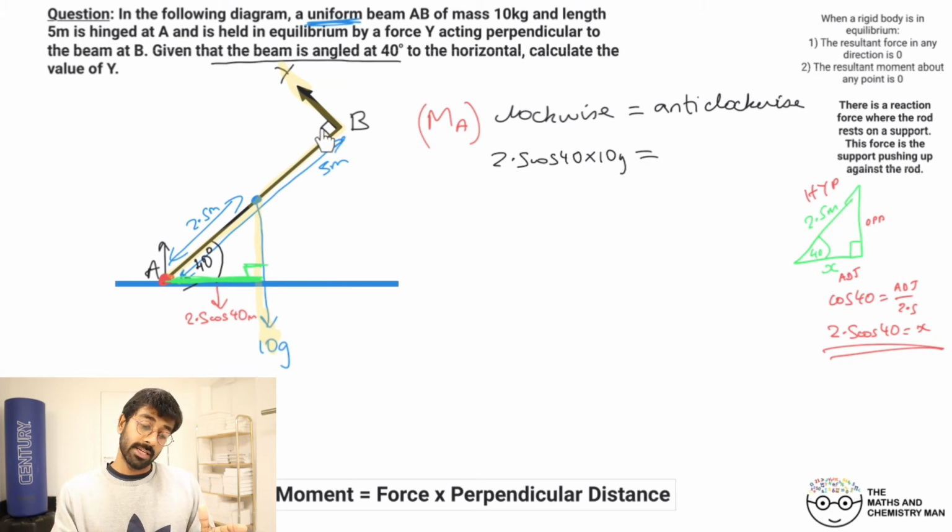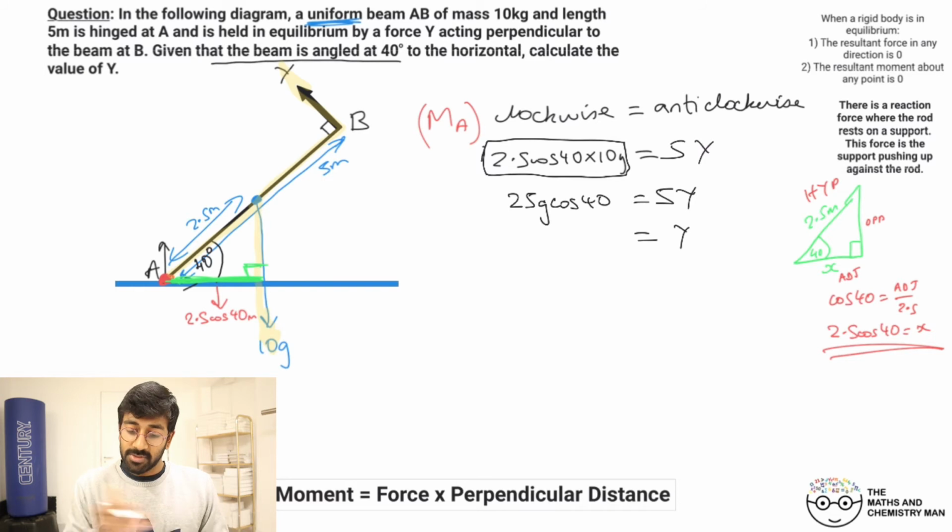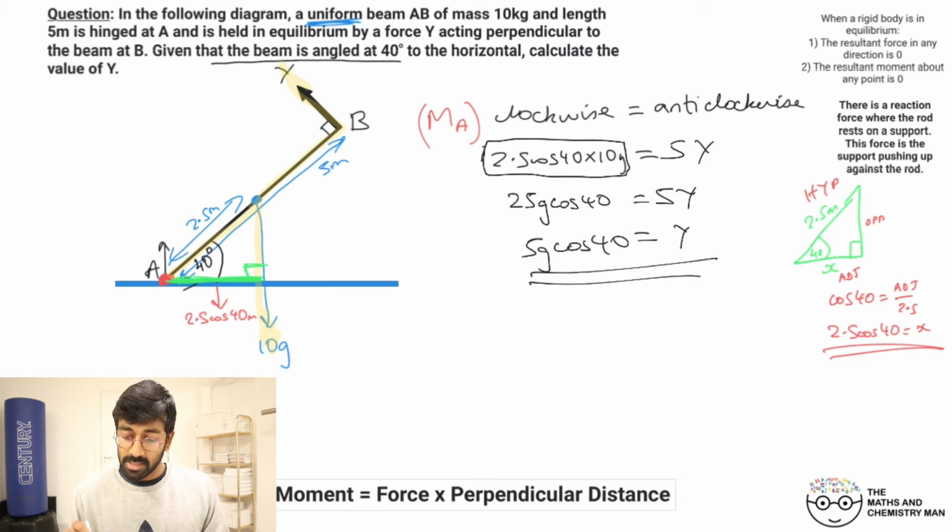Now that is perpendicular to that force. So this is great. I don't need to do any work there. That's just going to be 5 meters times y. So I'm just going to put 5y. And simplifying this bit down a bit, 10 times 2.5, we can make that 25g cos 40 is equal to 5y. And if we divide that across, we'll have 5g cos 40 is equal to y.